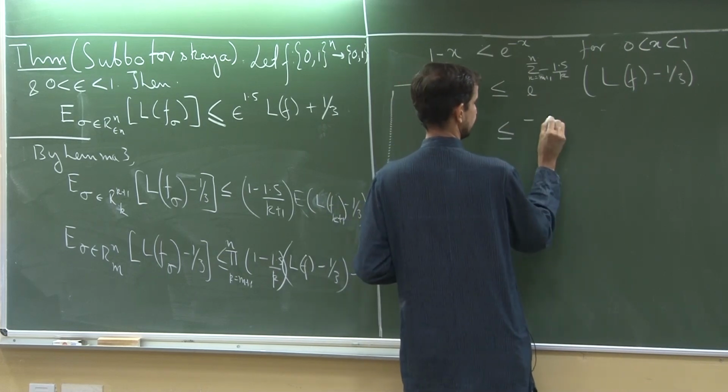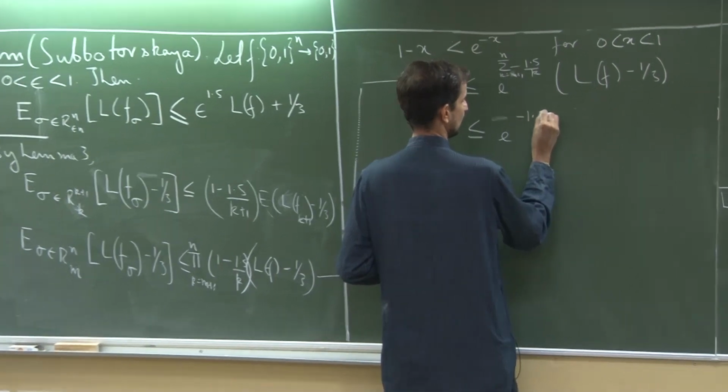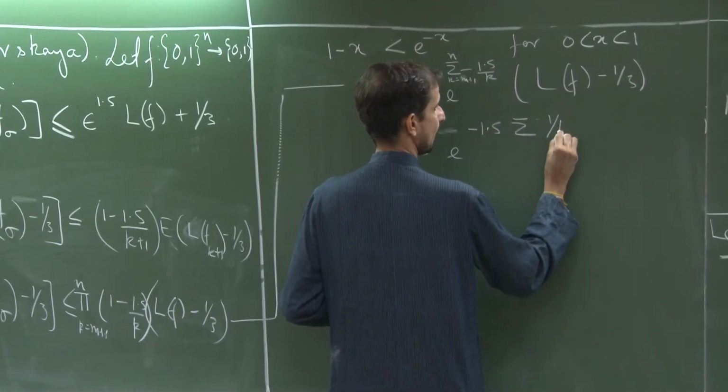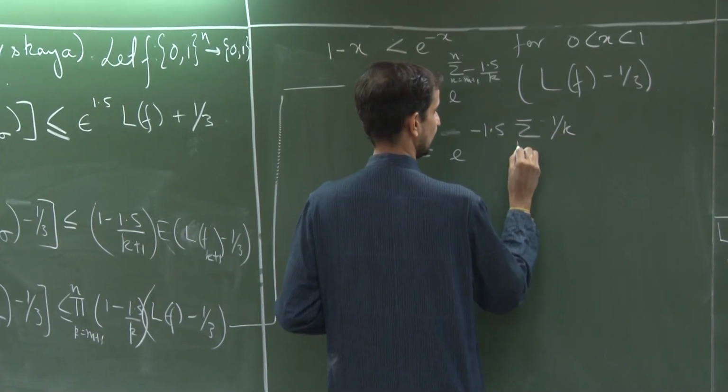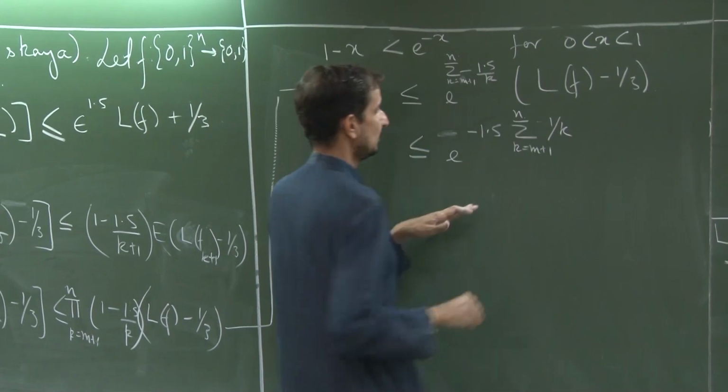So, I take the minus 1.5 outside: e to the power minus 1.5 sigma 1 over k, k going from m plus 1 to n.